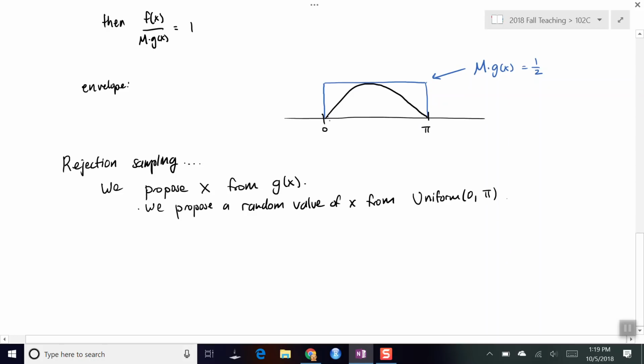And then, let's say we propose x equal to 0.1. Okay, so we're going to propose right here.